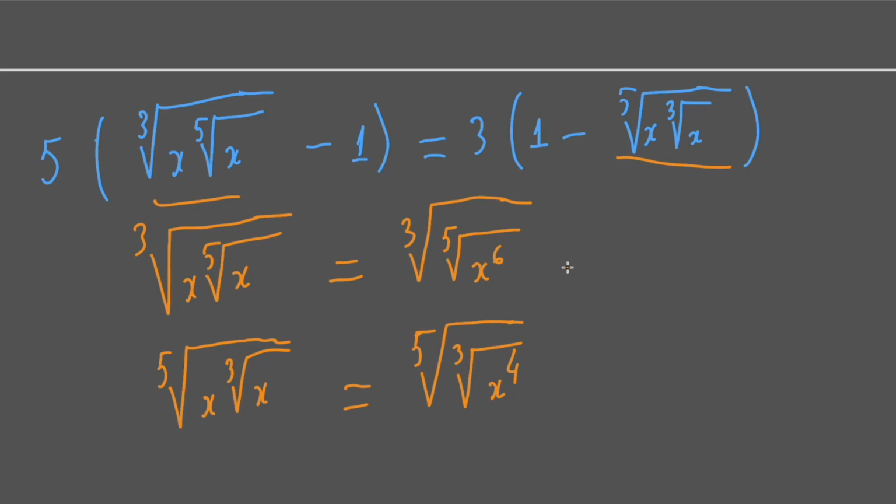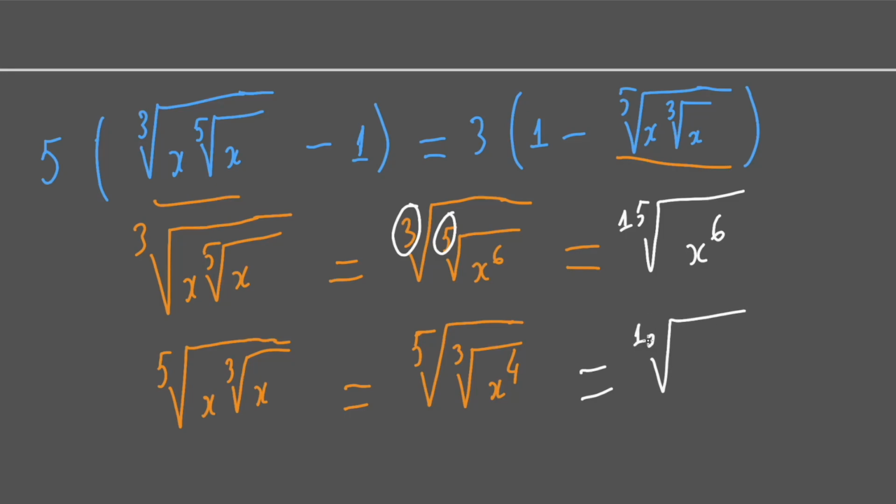Then we just compare these two roots together, 3 and 5. This will become the 15th root of x to the power of 6. The same for the second nesting radical, which will be equal to the 15th root of x to the power of 4.